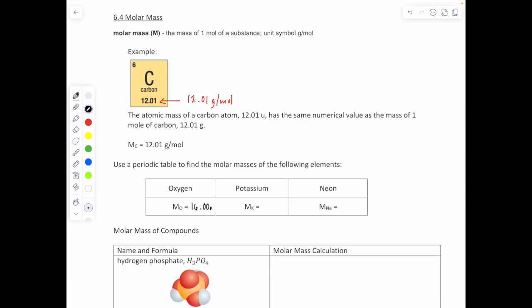The molar mass of potassium is 39.09 grams per mole. And the molar mass of neon is 20.18 grams per mole.